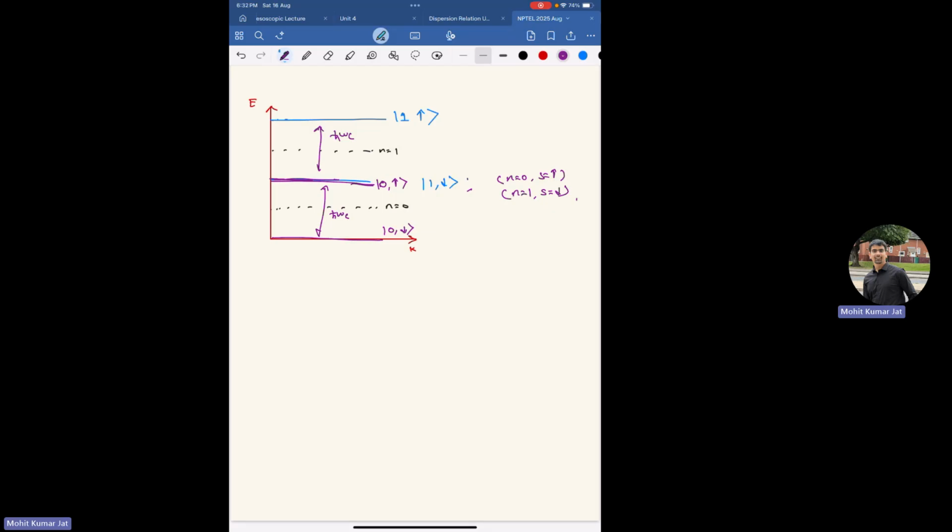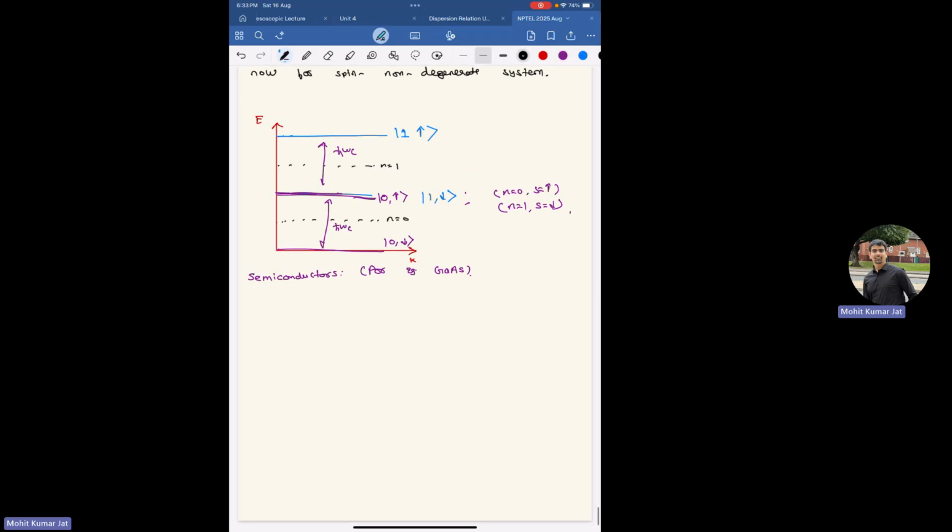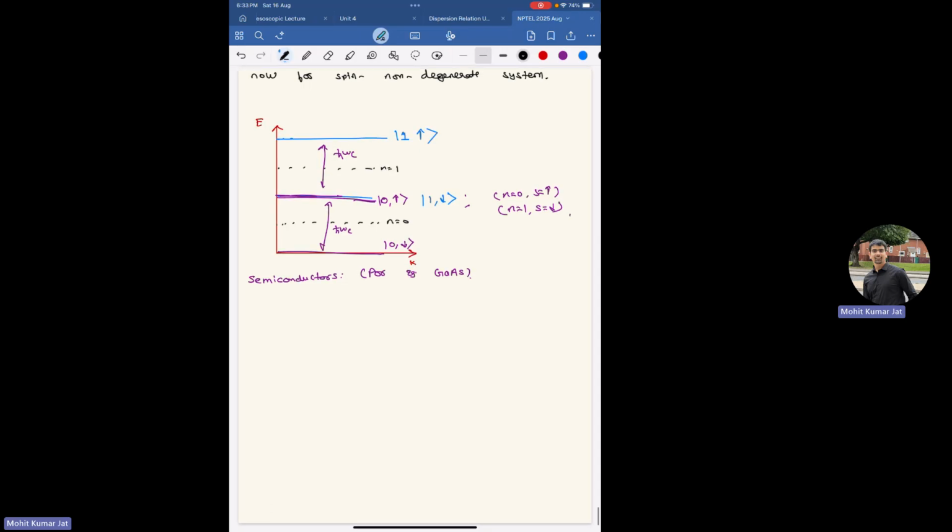They will be separate levels, and you can easily identify them by varying the magnetic field. So for semiconductors like gallium arsenide, electrons have effective mass m star.